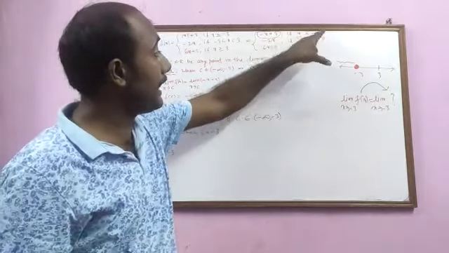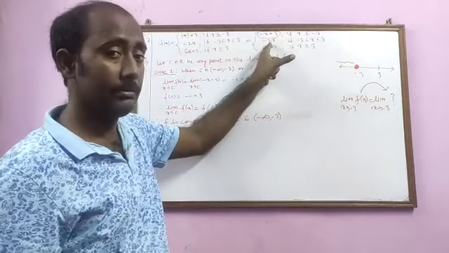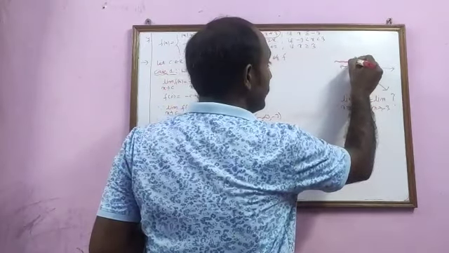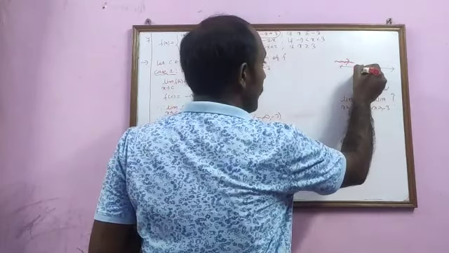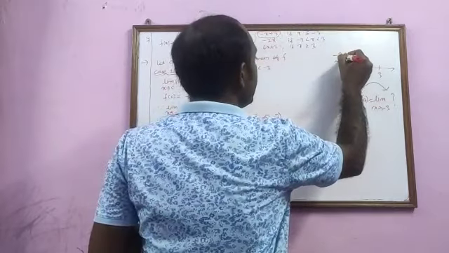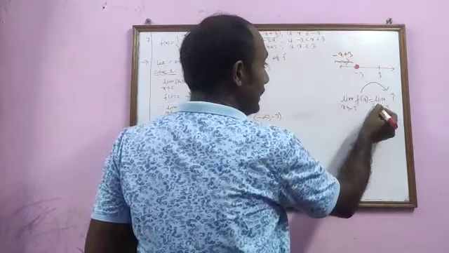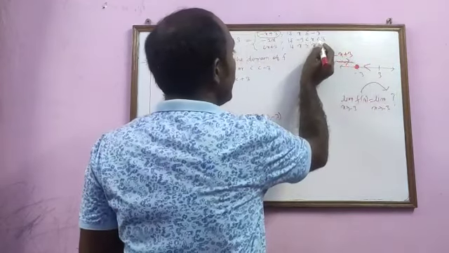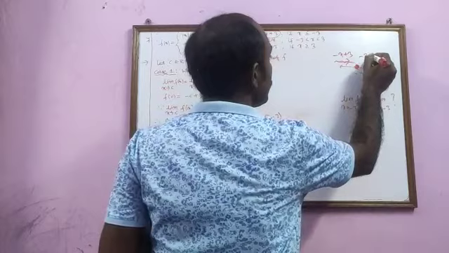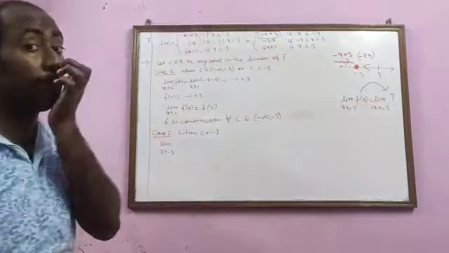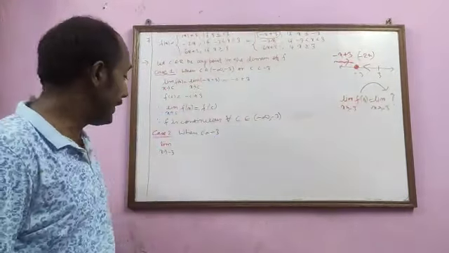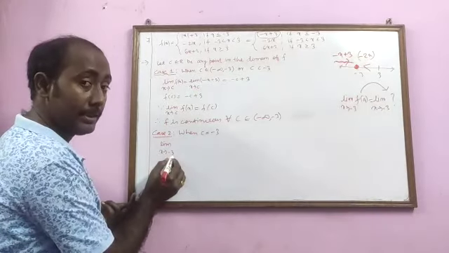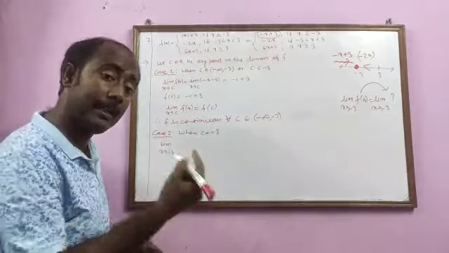And if x is greater than minus 3, then you will have this expression. So when x is approaching minus 3 from this side, the expression is minus x plus 3. But when x is approaching minus 3 from this side, meaning a value greater than minus 3, then the expression will be minus 2x. So you have both the expressions here. Therefore, in this case, you cannot write limit x tends to minus 3. You will have to go for left hand limit and right hand limit.